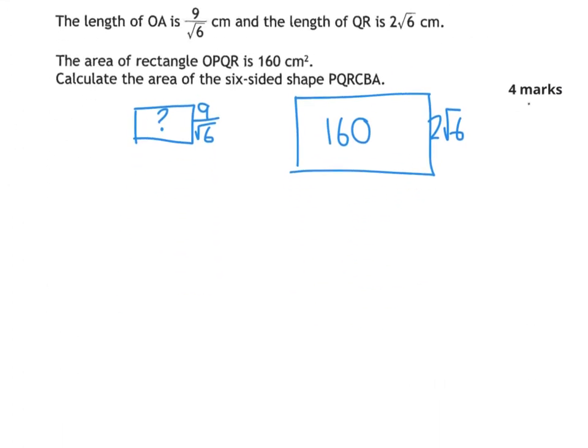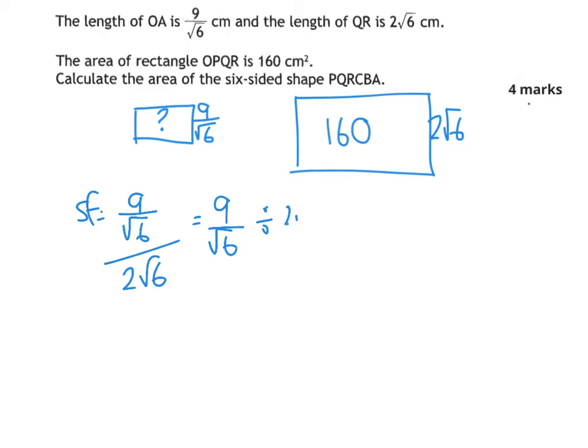So, scale factor will be, it helps if I'm using my pen. So my scale factor will be 9 over root 6 all over 2 root 6. Now that doesn't look very nice, does it? So I'm going to rewrite that as 9 over root 6 divided by 2 root 6 all over 1.